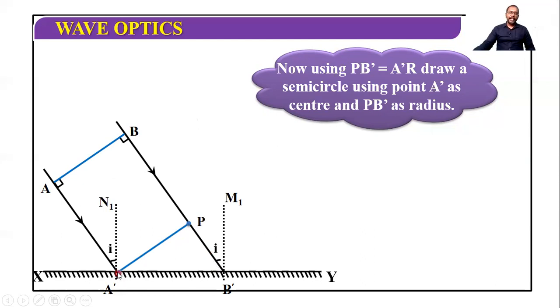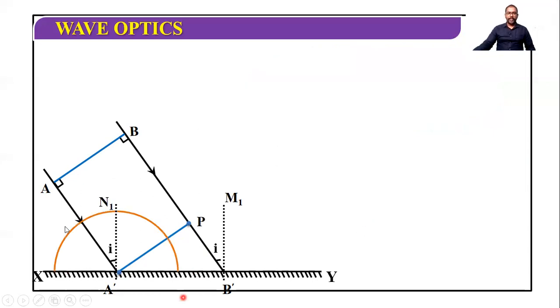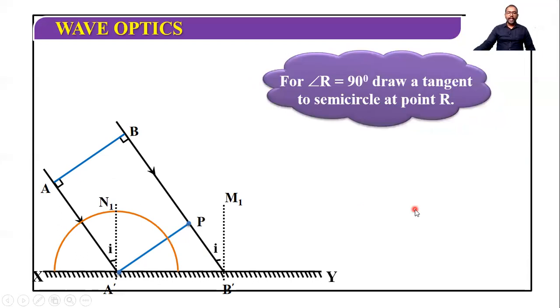Now listen, P B dash, you know that it is equal to CT. So we consider this A as the center and we draw a semicircle with radius equal to CT. You can see a semicircle. After that, we have to draw this angle R, which we showed in the previous diagram also.